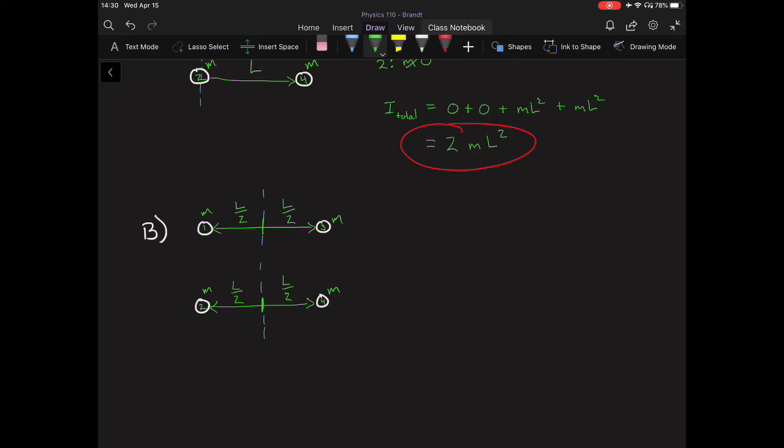So if we find I for any of them, I is again going to be mr squared. So for block 1, or mass 1, that's a mass of m, and then we have a distance away from our rotational axis of L over 2 squared. For 2, it's the exact same thing, m L over 2 squared. 3, same thing.